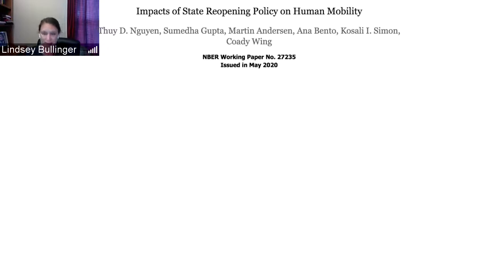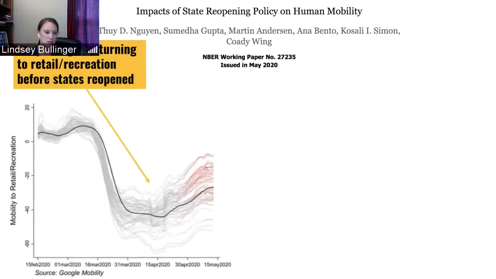And then on the back end of the pandemic, knowing that we're nowhere near the back end, but I guess the back end of the reopening of the policy response at the local level, we see in this paper the impacts of reopening policies at the state level on different mobility patterns. This figure on the left uses Google mobility data.